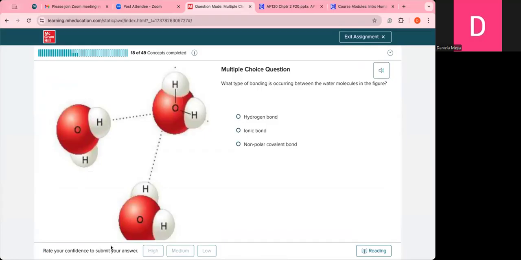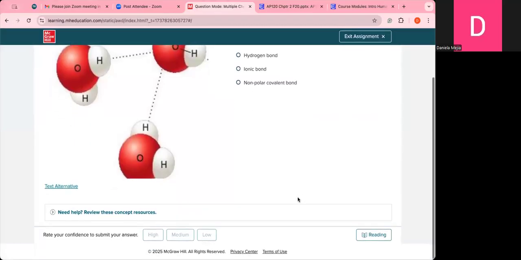Okay. What type of bonding is occurring between the water molecules in this figure? Hydrogen bonding, ionic bonding, or nonpolar covalent, between the water molecules, not within the water, but between them. Within the water, between the water molecules, what do we have?